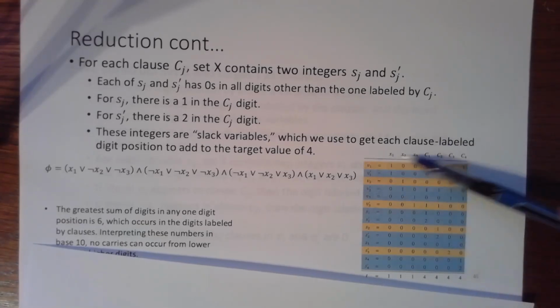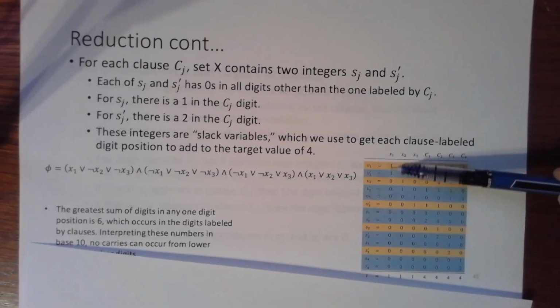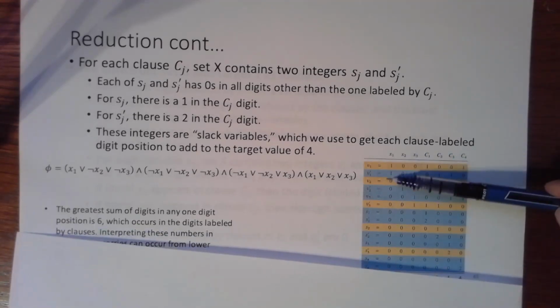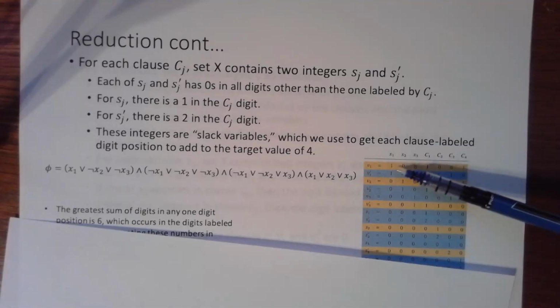Any subset that I choose will include either this one or this one, based on whether the original variable is true or whether its negation is true.